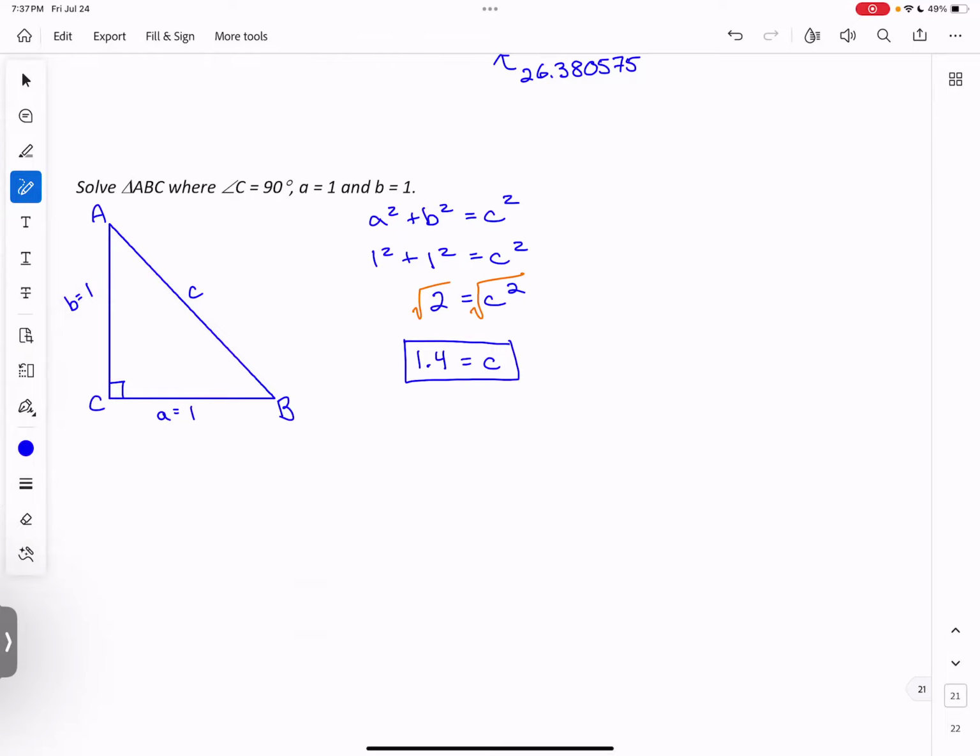And now let's solve for some angles. So let's start with angle A. So we're looking for angle A, so that's our target angle. Relative to angle A, we know our opposite and our adjacent. So let's use the tan ratio. So tan of any angle theta is opposite over adjacent.